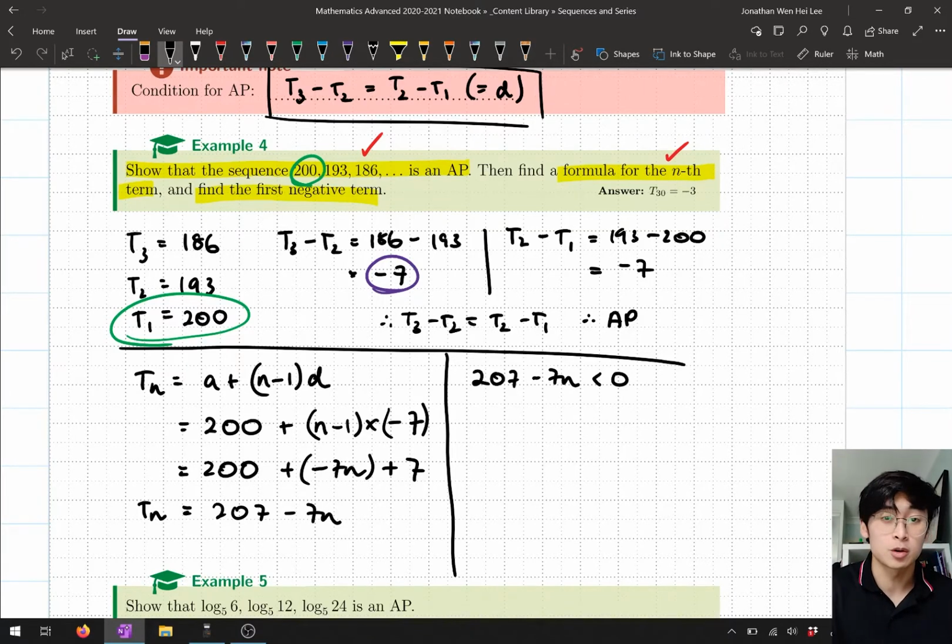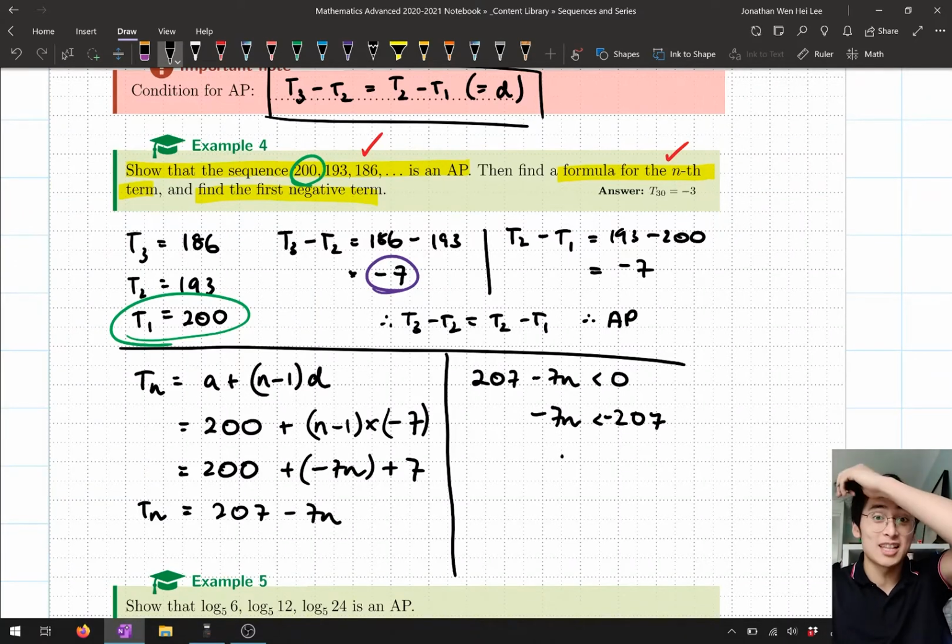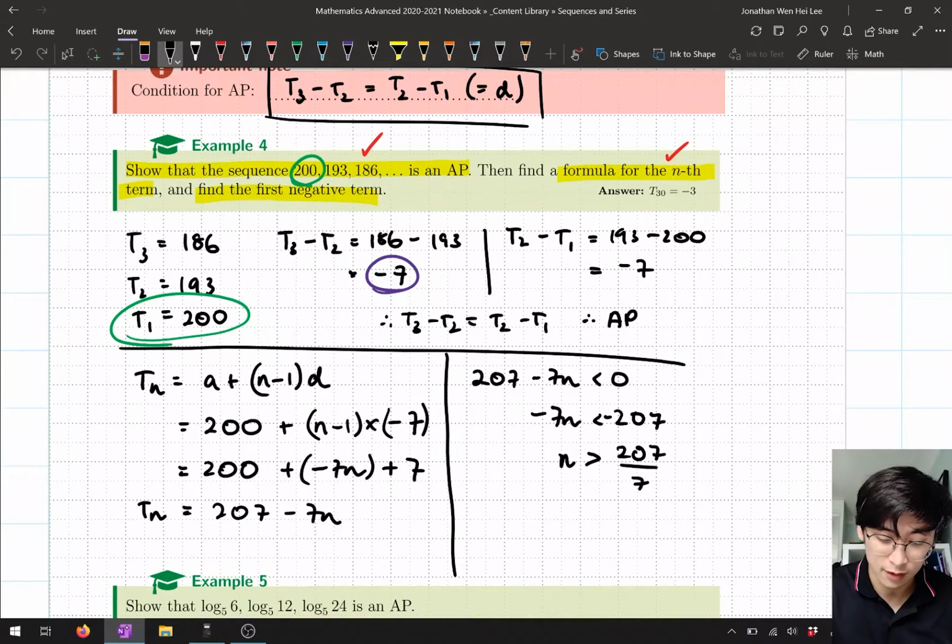We need to move that 207 to the other side. So I've got -7n is less than -207, and because we've got negatives on both sides, I can divide by -7, but when we divide by a negative, remember the inequality flips. So n is greater than 207 over 7.